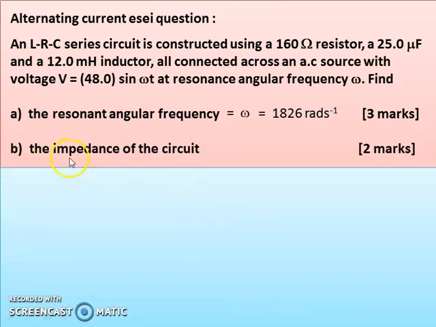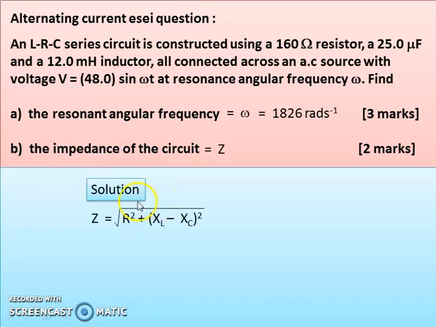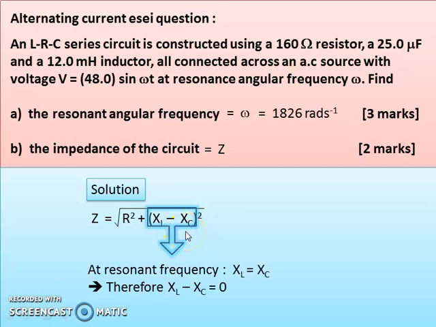Next, question B, the impedance of the circuit, Z. The solution is using the formula of impedance equals square root of R squared plus, in bracket, XL minus XC squared. At resonance angular frequency, XL equals XC.